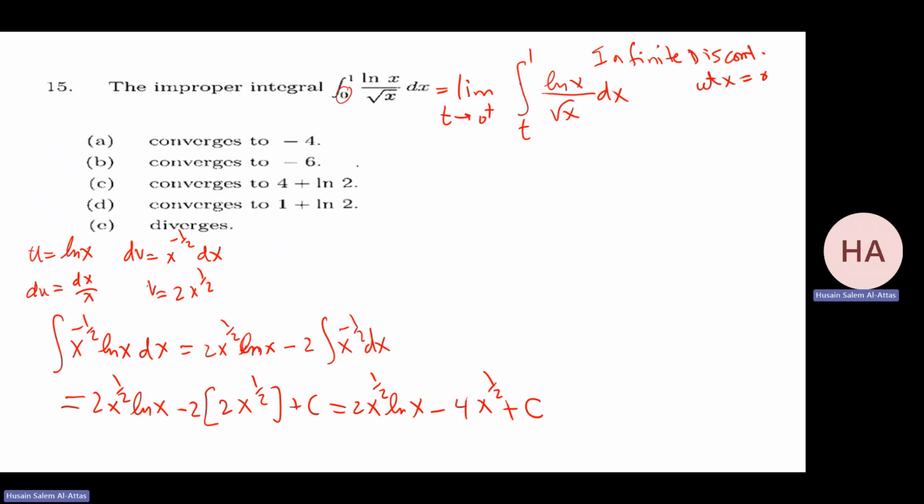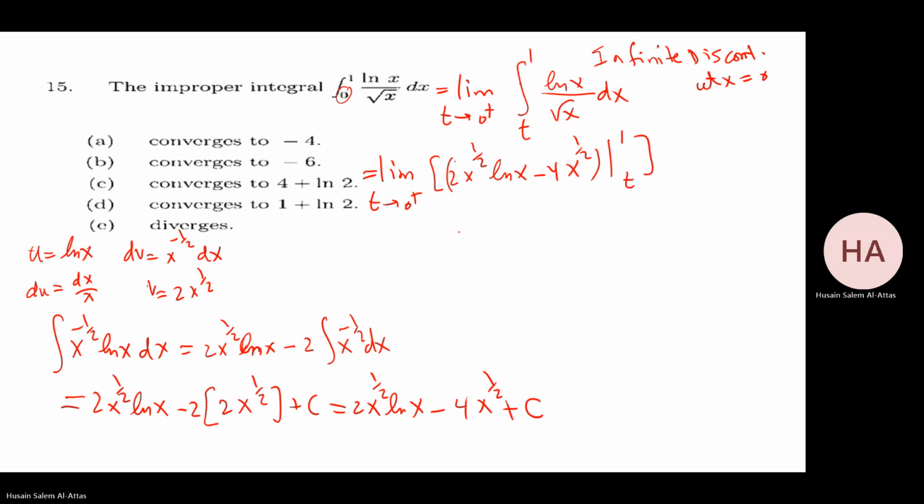Okay, let me plug this here. So I have limit t goes to 0 from the right of 2x to the power half ln x minus 4x to the power half, from t to 1. Okay, let me do the calculation.